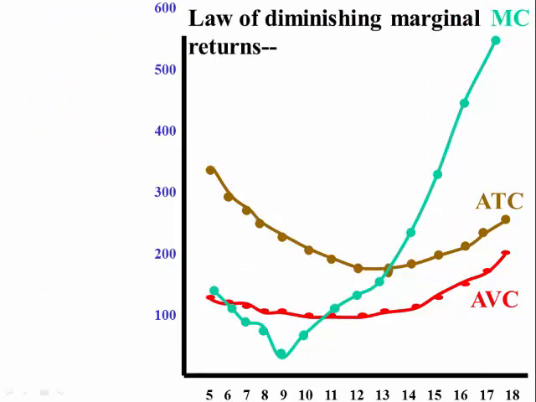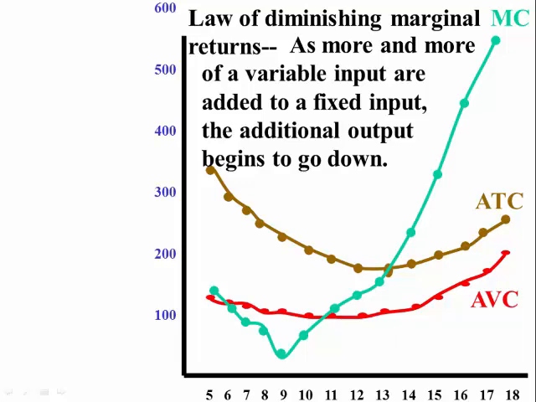The last item I want to talk about for cost curves is the law of diminishing marginal returns. As more and more of a variable input is added to a fixed input, as more, let's say, wage workers are added to a machine, the additional output begins to go down.